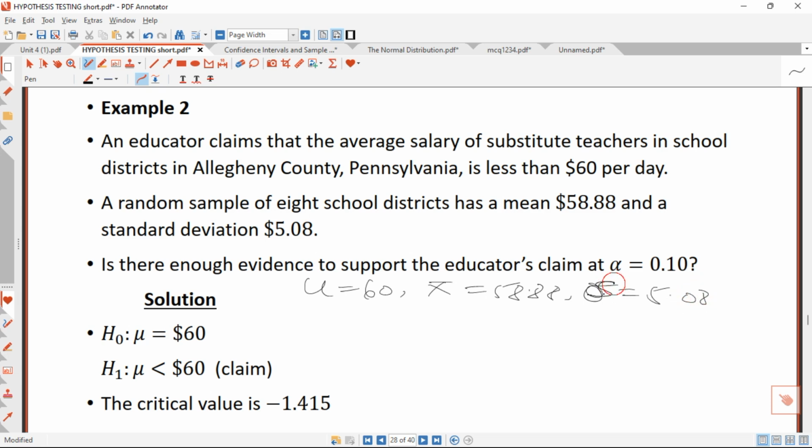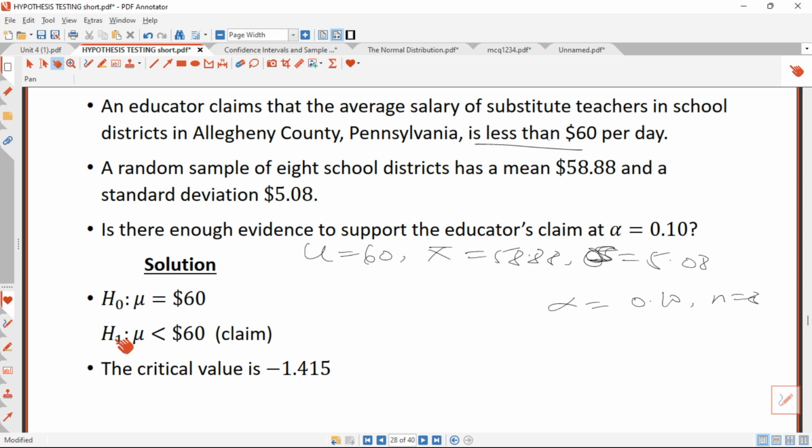So it is a sample standard deviation, and our alpha to be equal to 0.10. Our n was given to us as 8. And then you could see clearly that this is a left tail test because of the less than. So let's set our hypothesis. We are going to have H naught: mu is equal to 60, H one: mu is less than 60. So this is a left tail test at an alpha of 0.10, right?